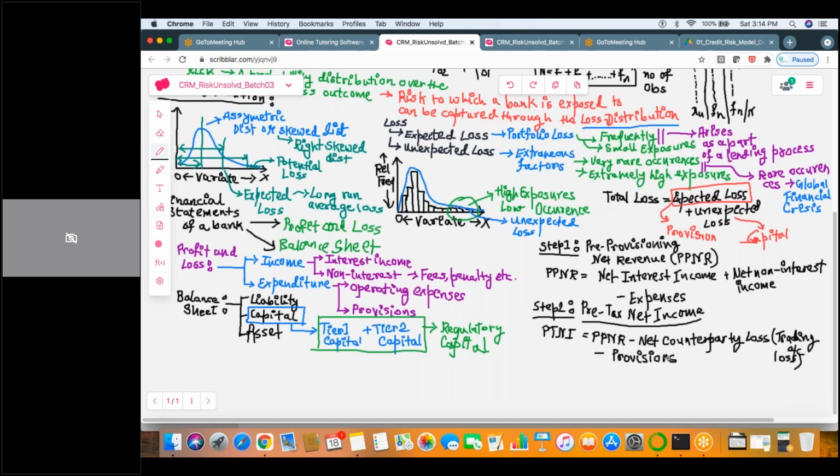So first what you have is the pre-tax net income. The third point that we have over here is the after-tax net income.